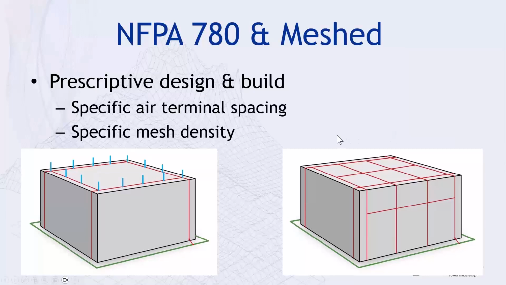There's also another methodology described in the IEC, which is the mesh methodology. And as you can imagine, both of these are more prescriptive. They are not giving you an analysis showing that you've created this lightning protection zone. However, by properly following these methodologies, you should create that.